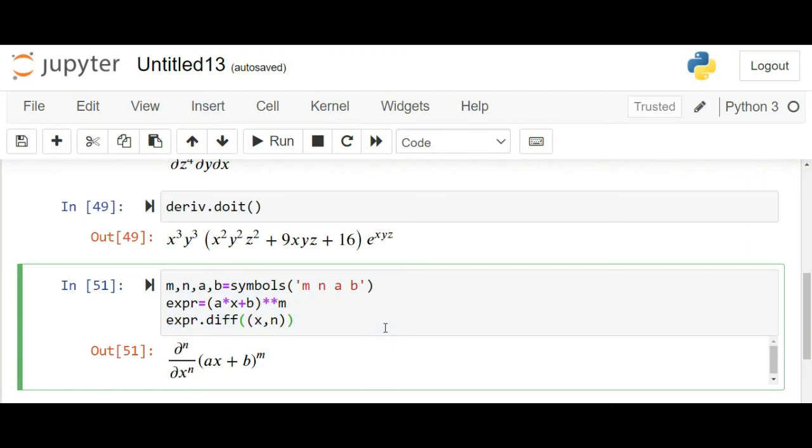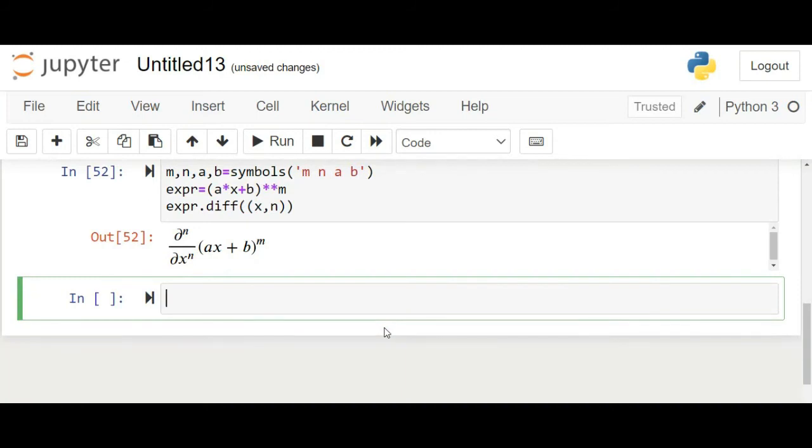We have talked about differential calculus, and now we are talking about integral calculus. For integral calculus, we will take some simple operations, like integrate, inside the parenthesis, cos of x, and we want to integrate it with respect to x.